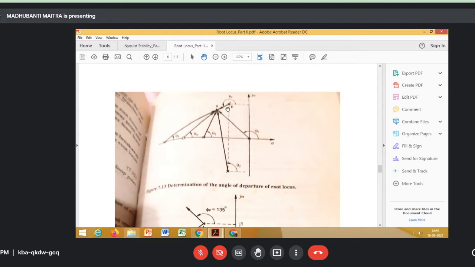Do you understand? So if these two points are co-located, that means in the limiting condition, this phi p will be the angle of departure from this complex open loop pole.